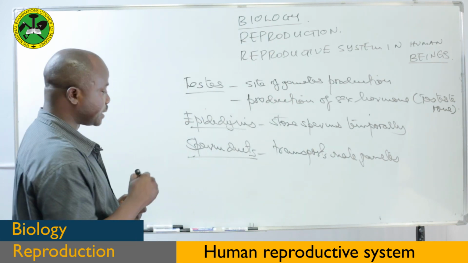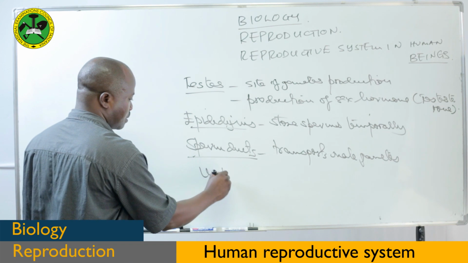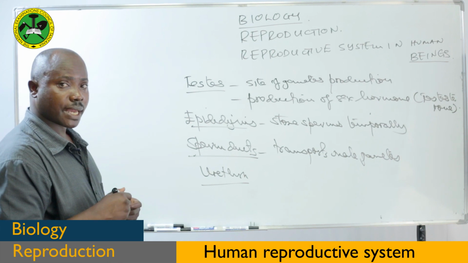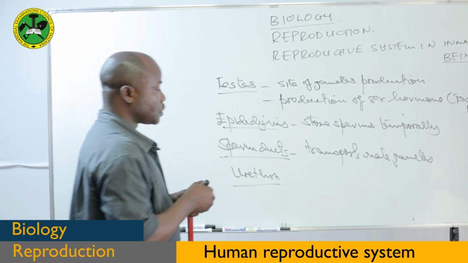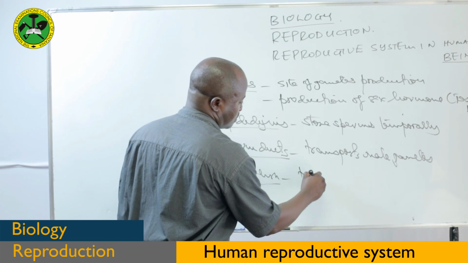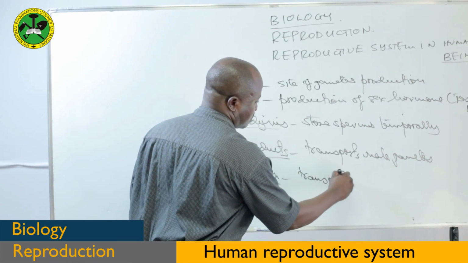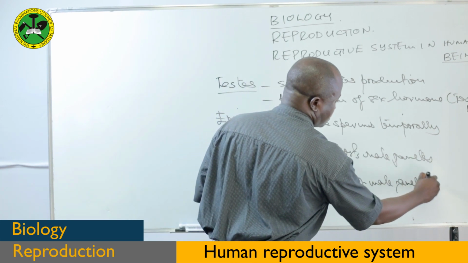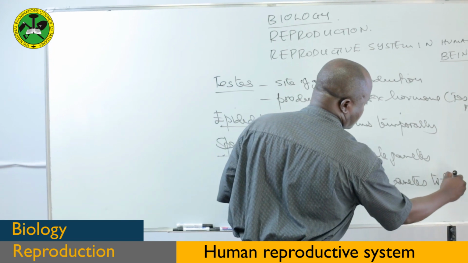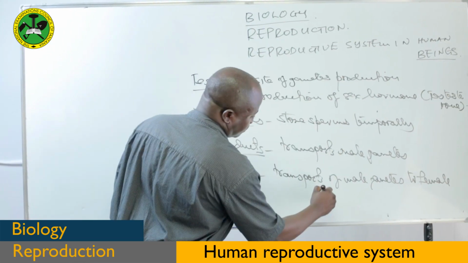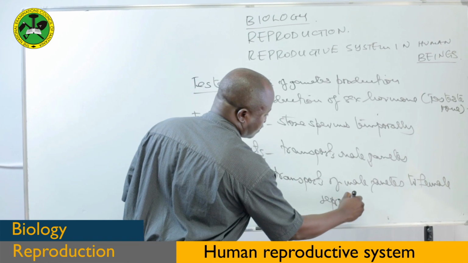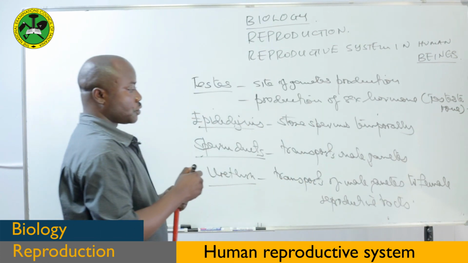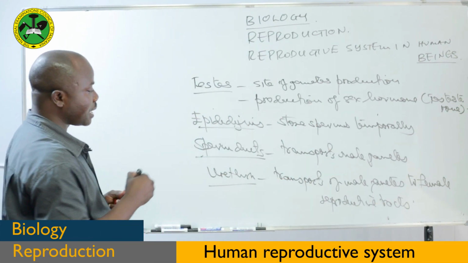Another inner part is the urethra. The urethra transports male gametes to the female reproductive tract. But also, there are accessory glands.